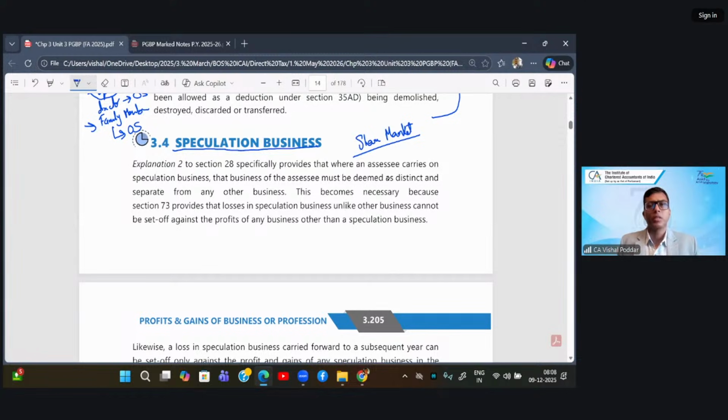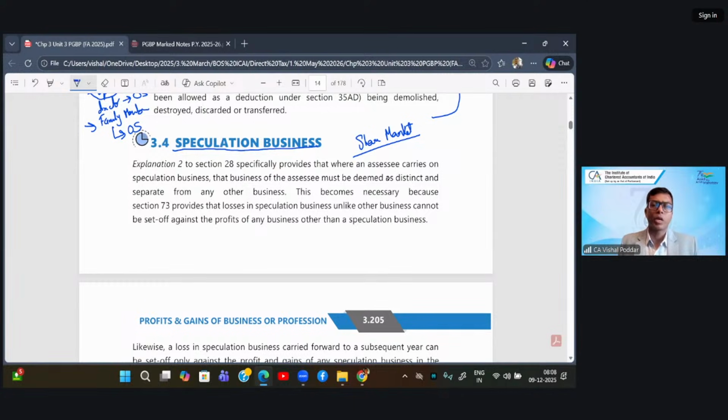Now, please let me tell you, students, even though a common man may call share market speculation, a common man may assume share market to be a speculative business, law has not considered it a speculation.